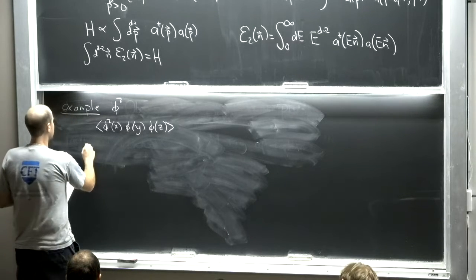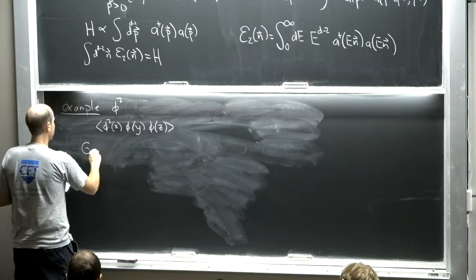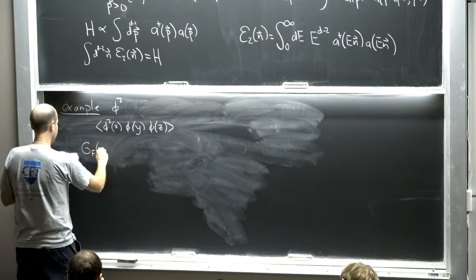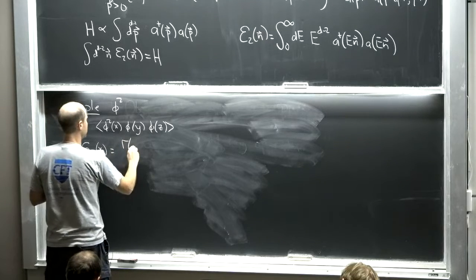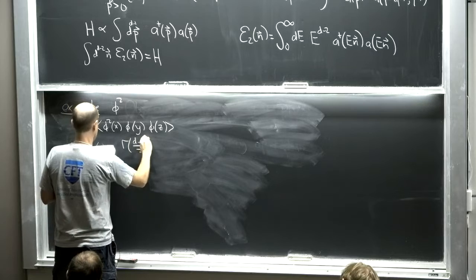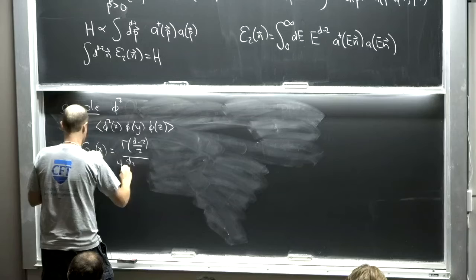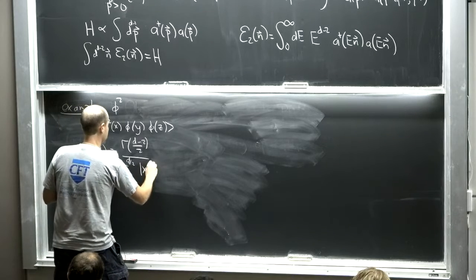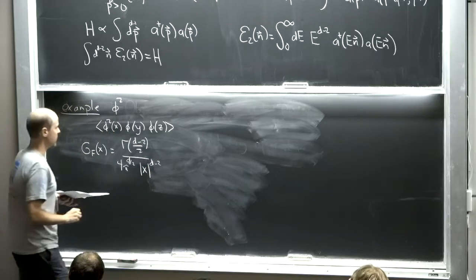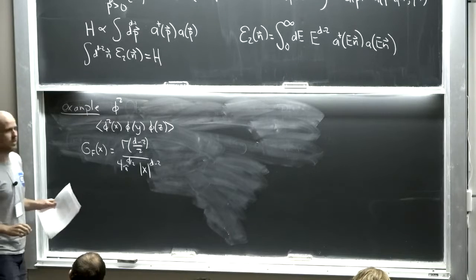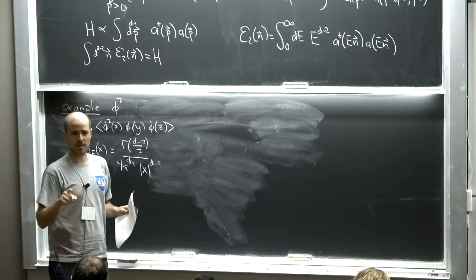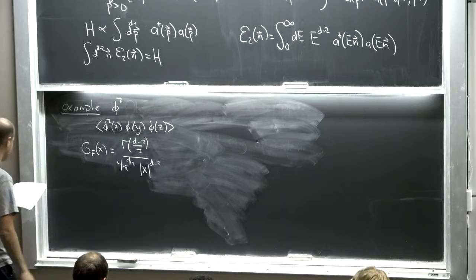As a reminder, the Feynman propagator in position space in d dimensions looks like this. There's some gamma functions and some factors of pi, and then x to the d minus 2. This is just the Fourier transform of the familiar formula 1 over p squared plus i epsilon.